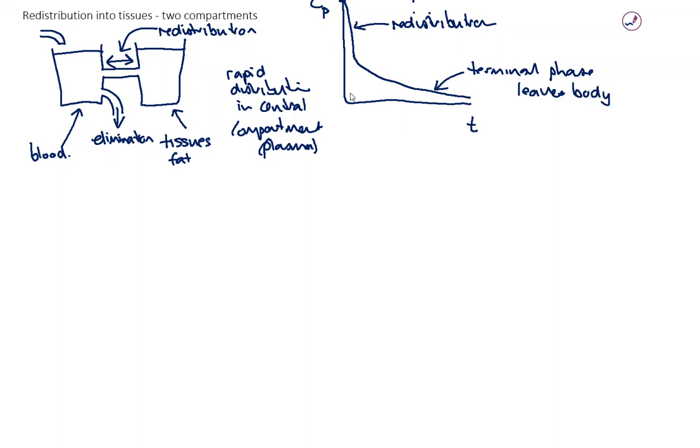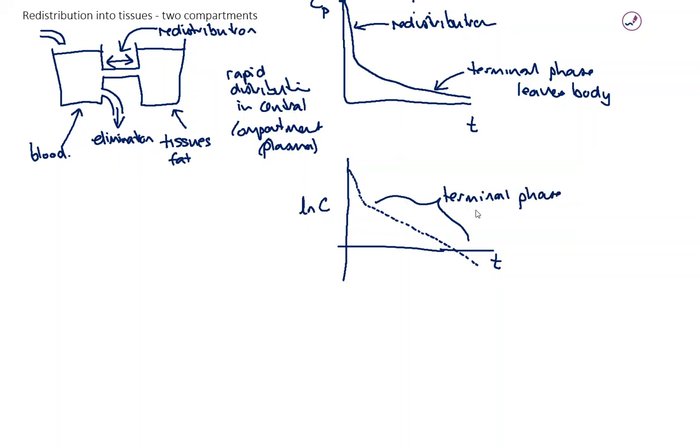Now that graph doesn't look too different to what we saw before. By eye it's very difficult to see that difference, and that's where a log plot is really important. So let's do ln C versus T, and what happens is you don't get a straight line log plot. So you start off with something that might look like that, and then you get a straight line. So this here is the terminal phase.